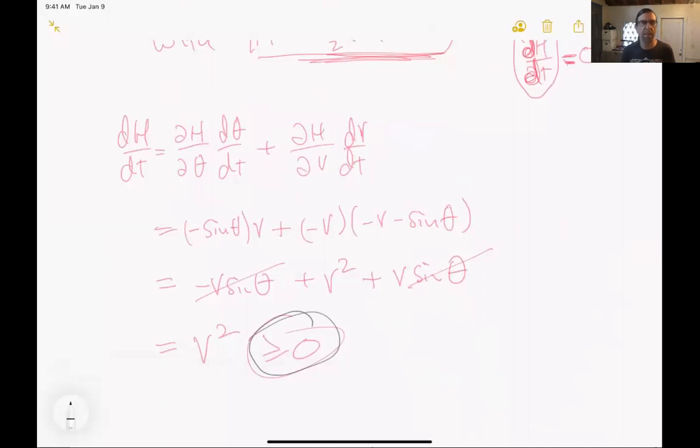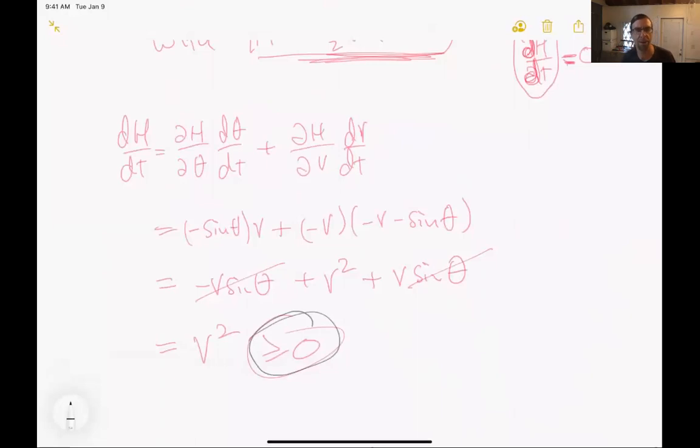So what does that tell us geometrically? Think about walking along a trail on a mountain. This mountain trail is your solution curve to your system. I know that my derivative of height with respect to time is always positive. What does that tell you about the trail? Your elevation is increasing. Yeah, it means you're always going up. It means you're always crossing the level curves, going from low to high.